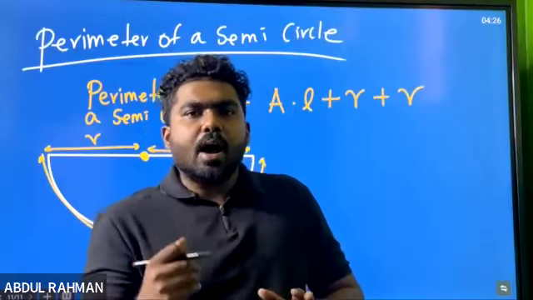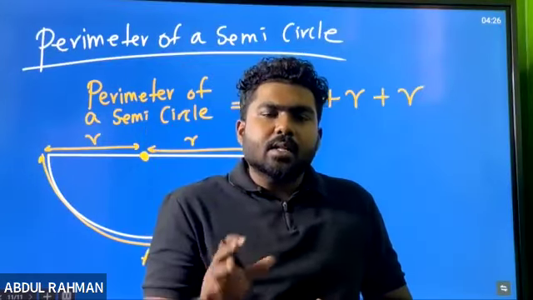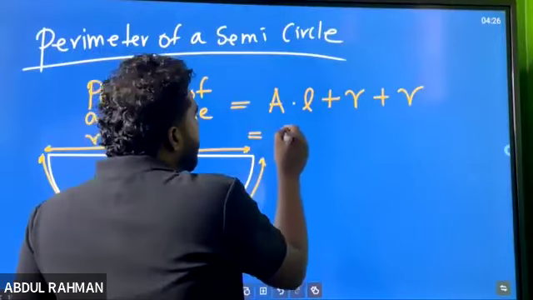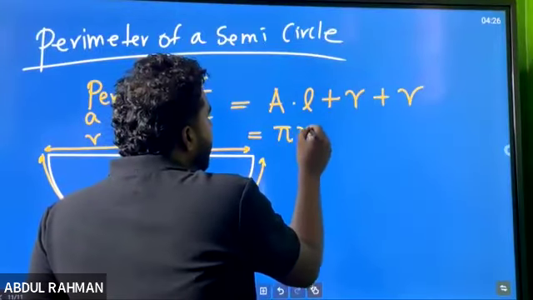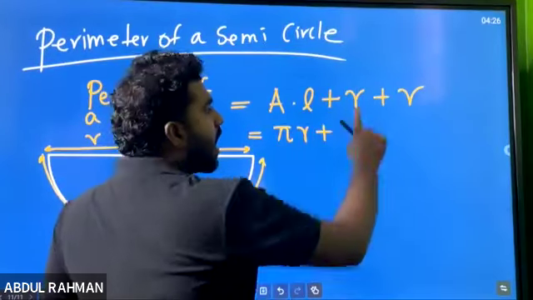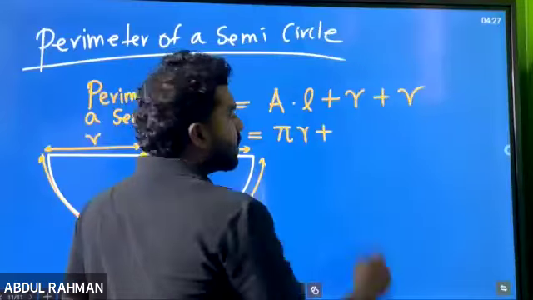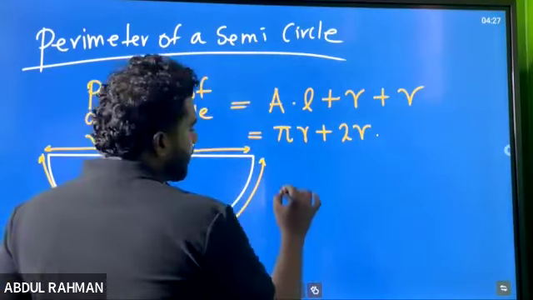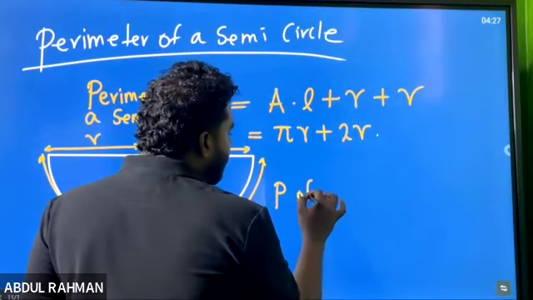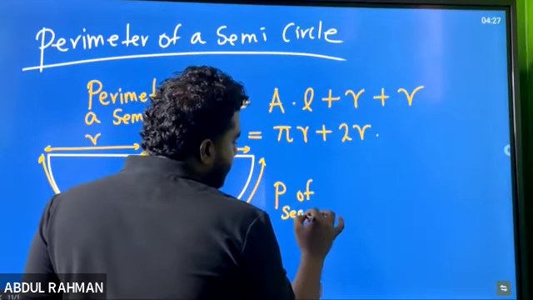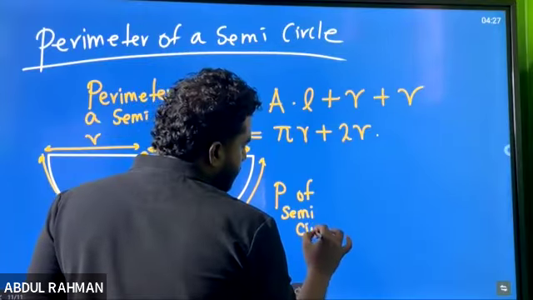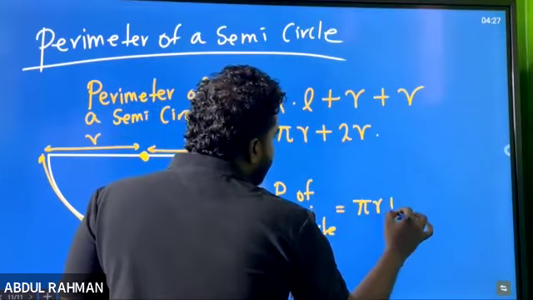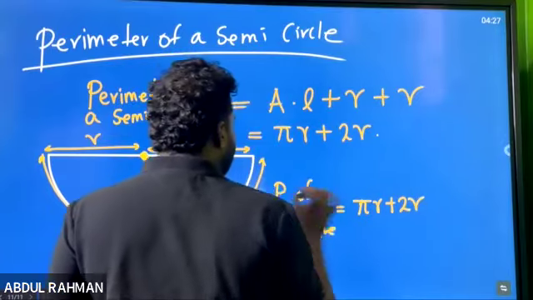So the perimeter is pi r plus r plus r, which is 2r. So the perimeter of a semicircle is defined as pi r plus 2r.